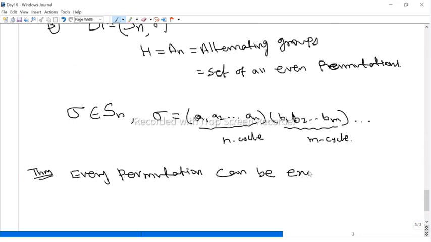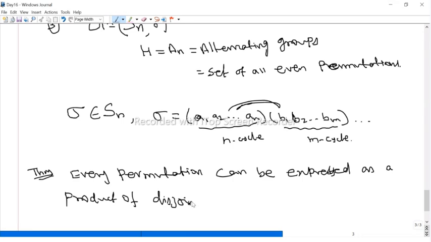Disjoint means there is no element in common between any two cycles.